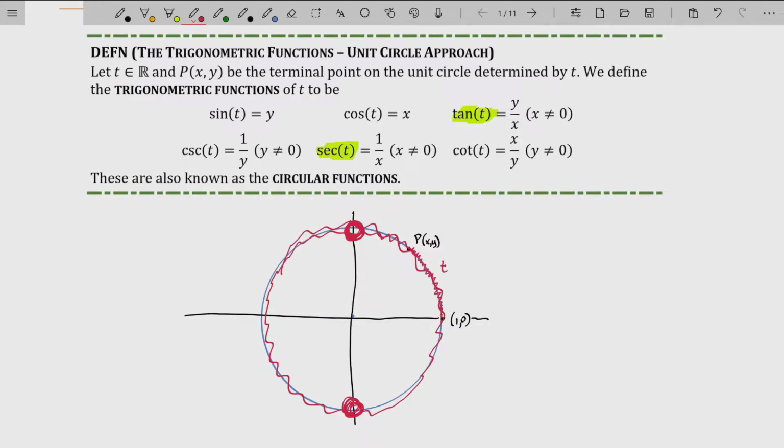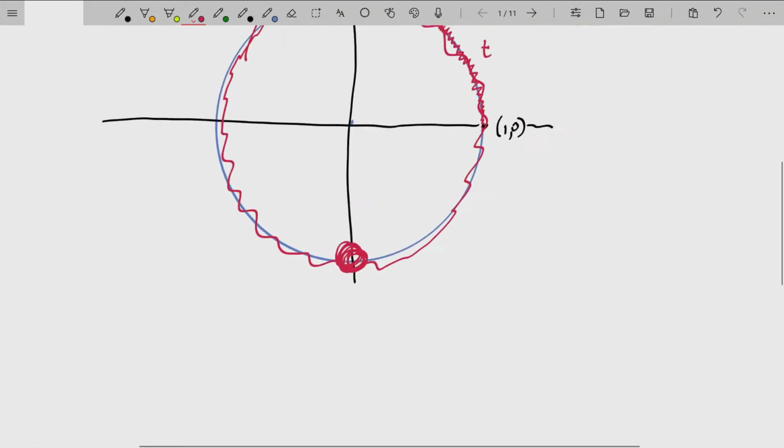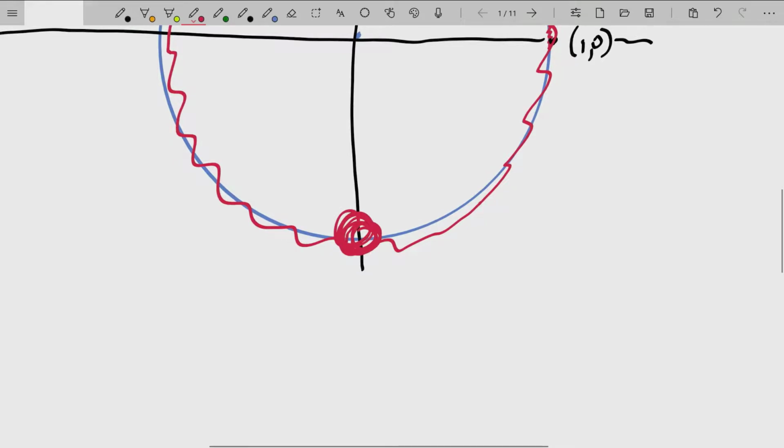Well, that point, as far as arc length, is going to be pi over 2, but you could also rotate by 2 pi. So pi over 2 plus 2 pi k would get you to that point, where k is an integer. And down here, that is an arc length of t equals 3 pi over 2. But again, you don't have to just have 3 pi over 2.